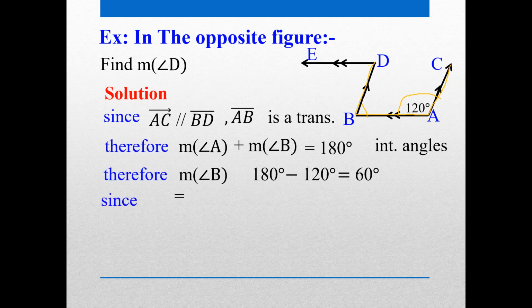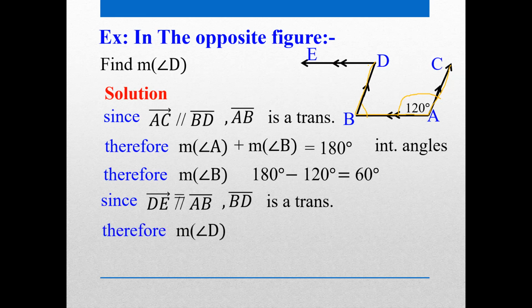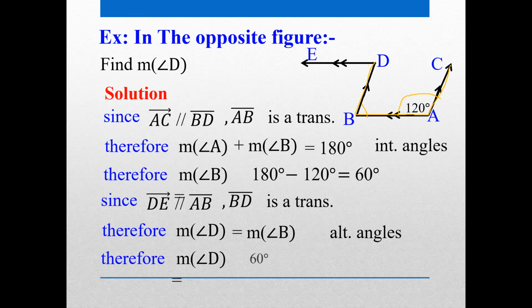And since DE is parallel to BA and BD is a transversal, therefore the measure of angle B equals the measure of angle D, alternate angles. Therefore, the measure of angle D equals 60 degrees.